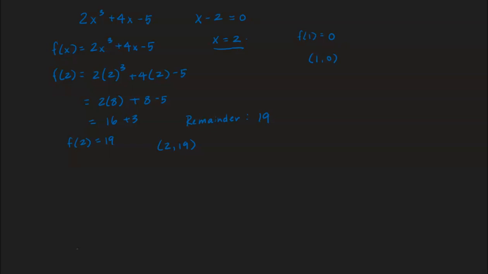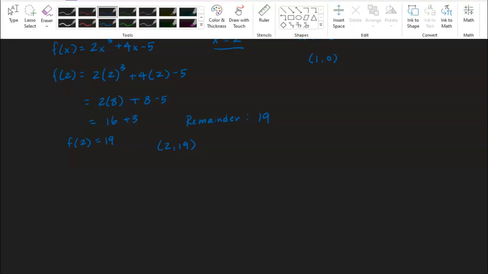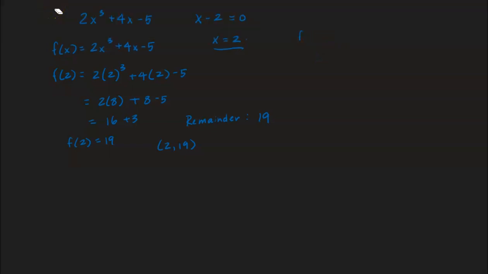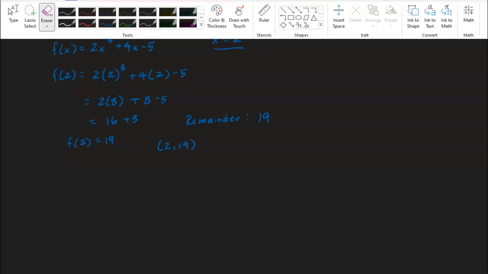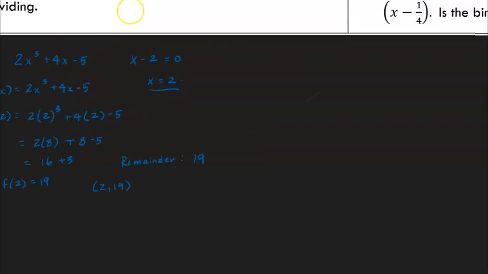So when we do synthetic division to find the roots and we get a remainder of 0, that tells us that that is an actual root. And that's where the remainder theorem is used. Okay? It's just that we are kind of rushing through these.